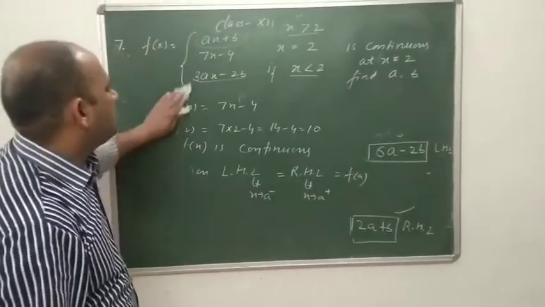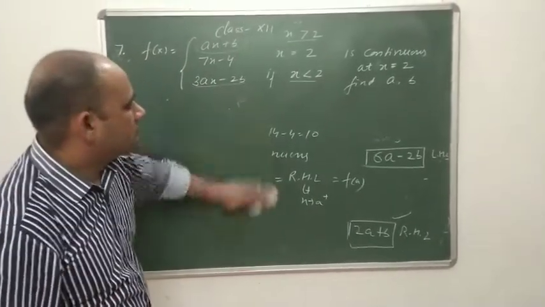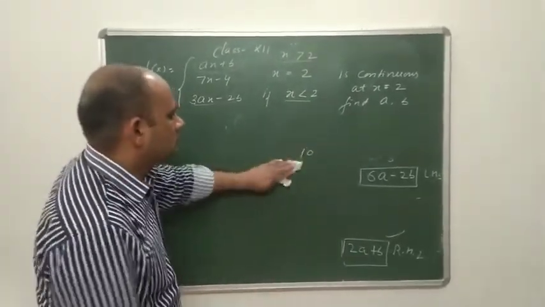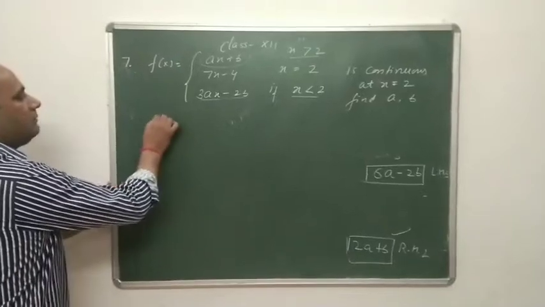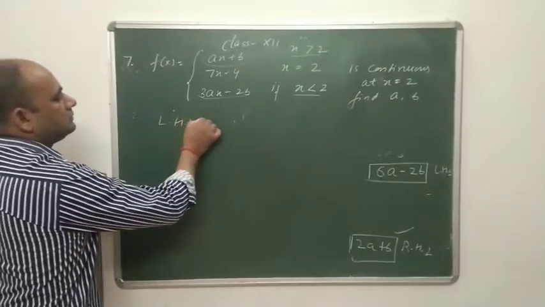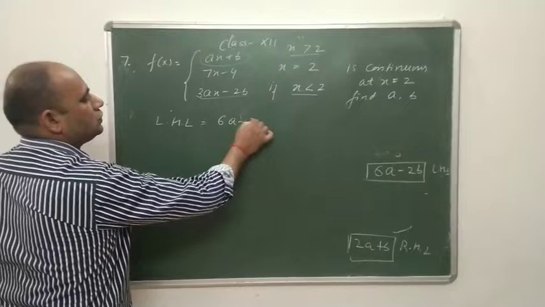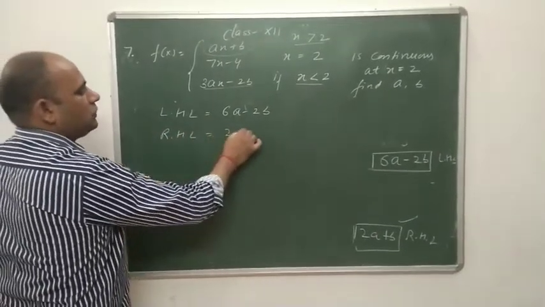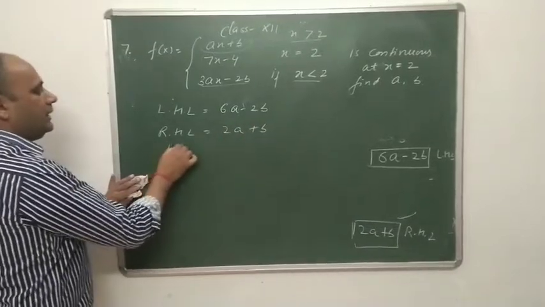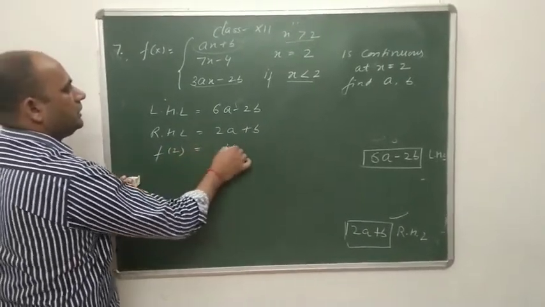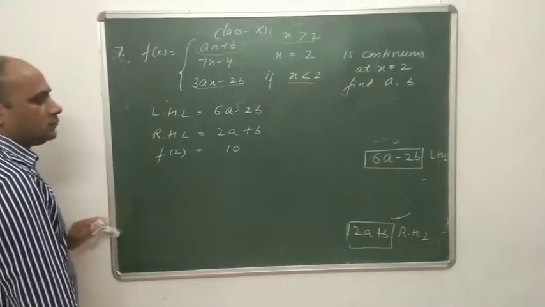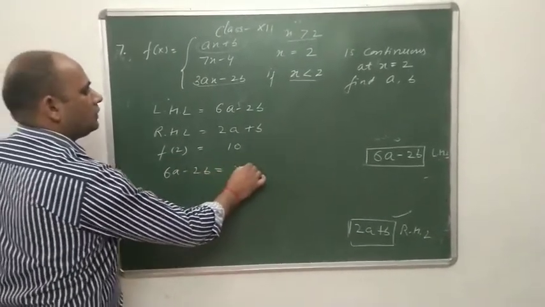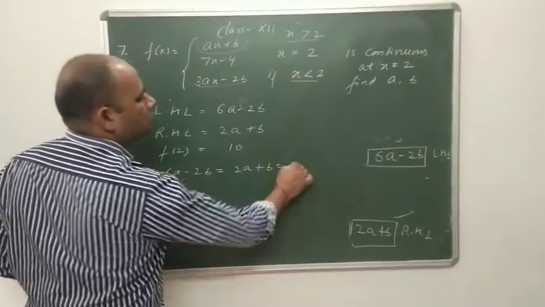By the same condition, our left hand limit is 6a minus 2b. The right hand limit is 2a plus b. And f(2) is 10. Therefore 6a minus 2b equal to 2a plus b equal to 10.